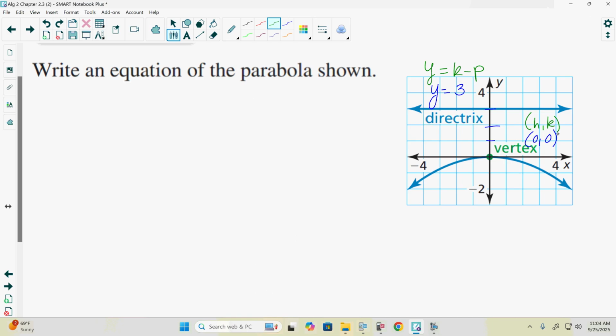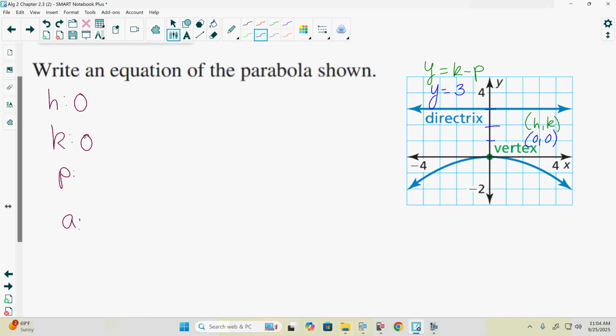The vertex is still the point h comma k. So this told us the values of h and k are 0 and 0.